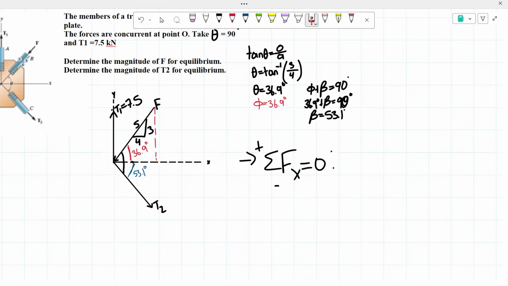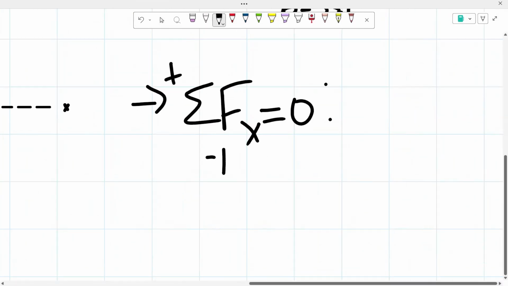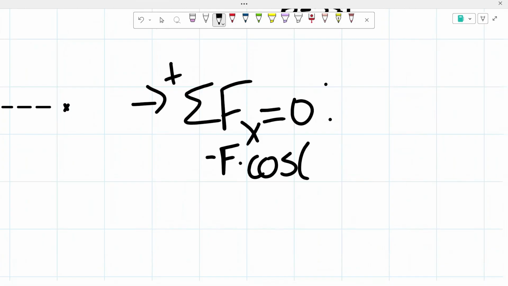Adjacent and hypotenuse, that is cosine, since cosine is adjacent over hypotenuse, which is why we're going to write out negative f times cosine of 36.9 degrees.